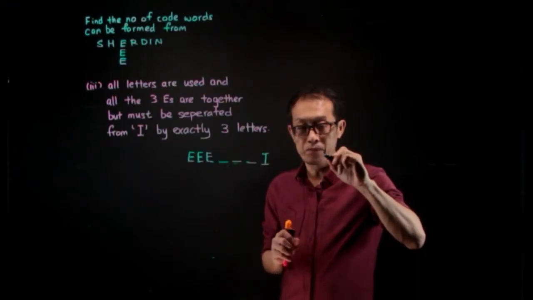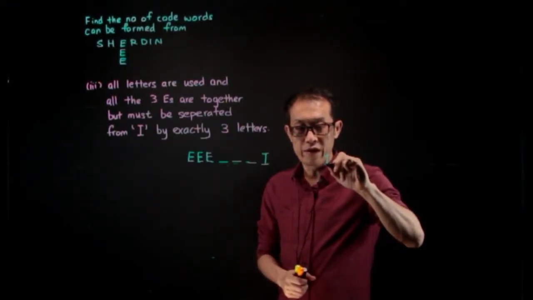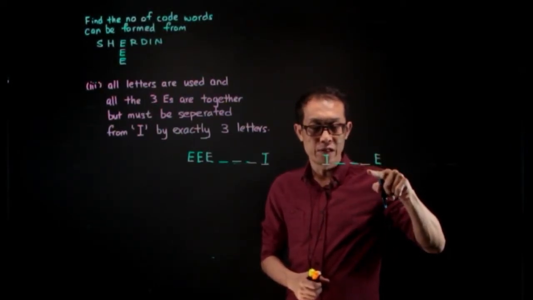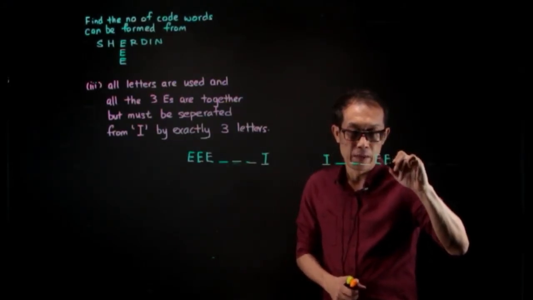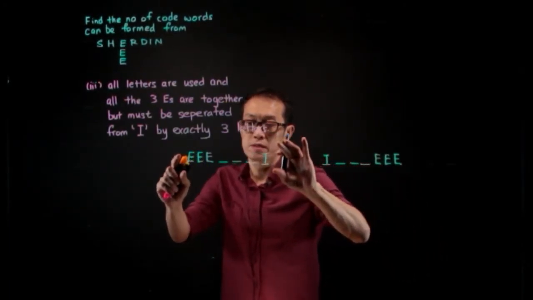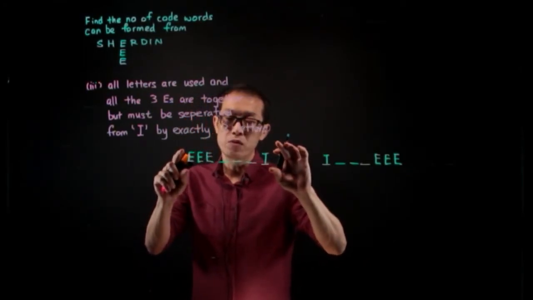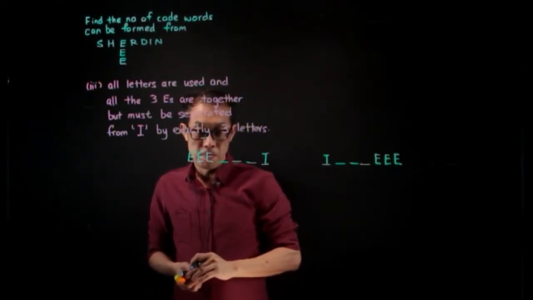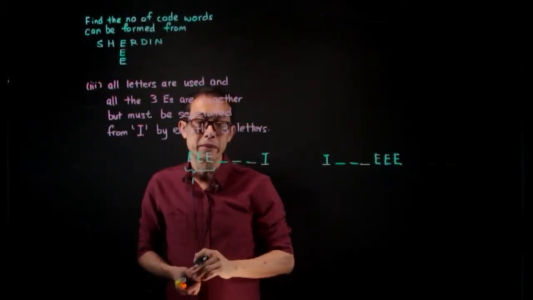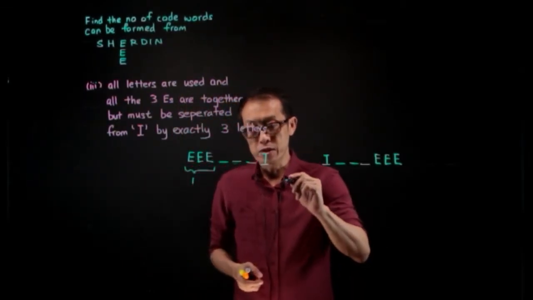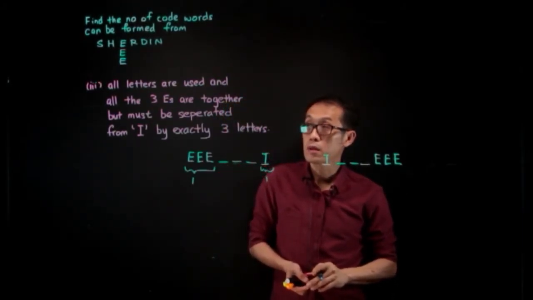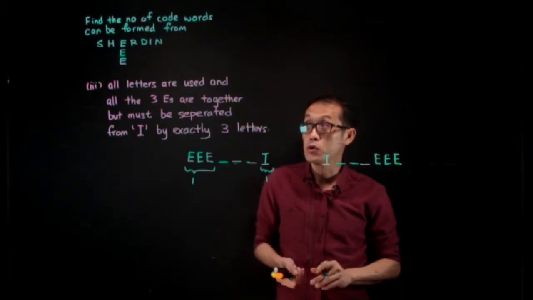The other option will be, you start off with the I and you have 3 different letters here and then followed by 3 E's. So how many words can we form from here? Now, to arrange this, there's only one way because the 3 E's are similar. And this one, you only have one way. Now over here, how many remaining letters do you have?